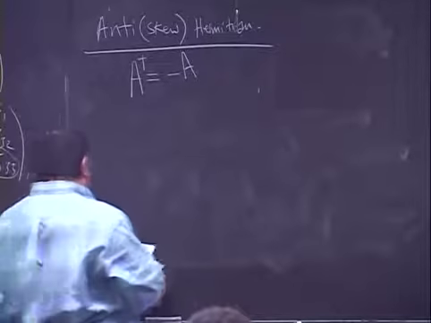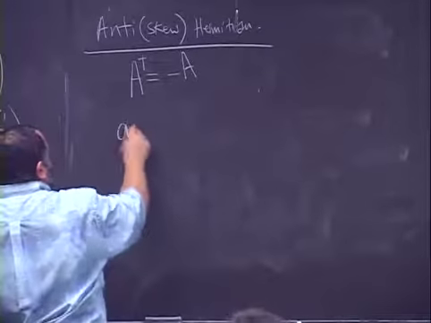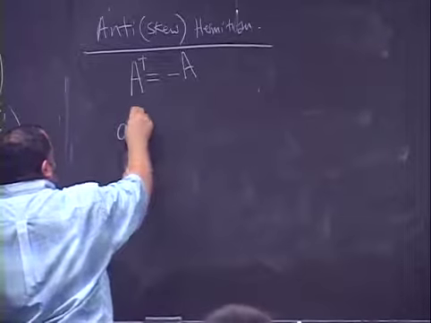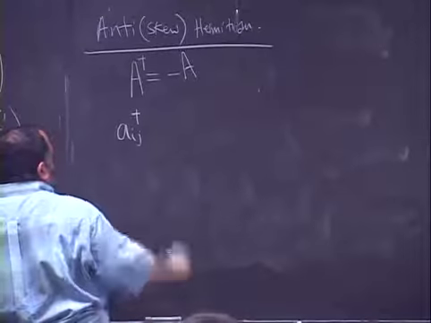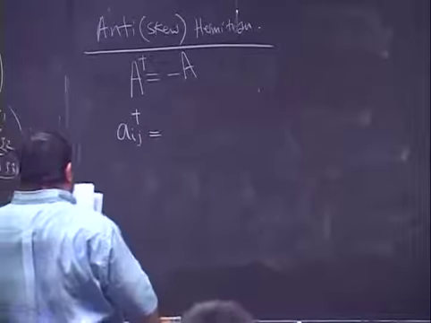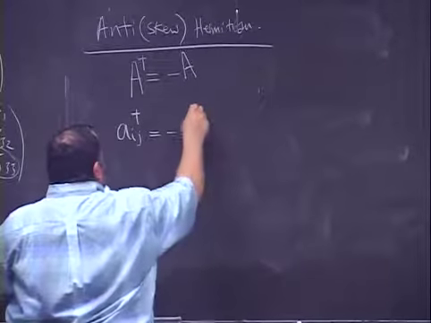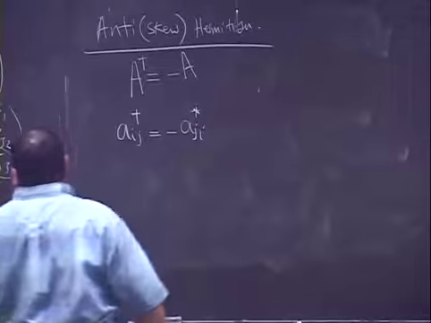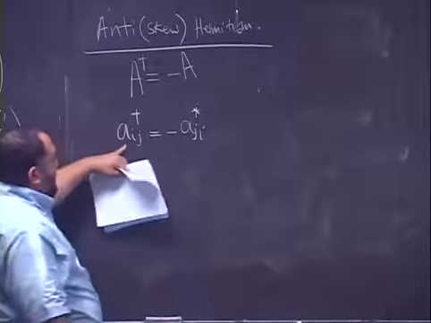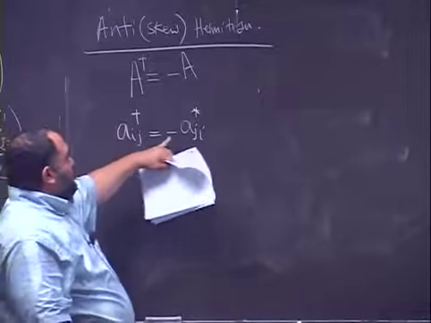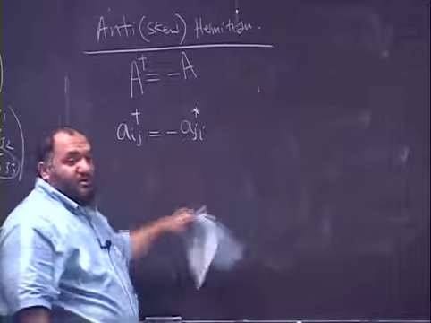For the diagonal, Aij, if you take the dagger or the adjoint, would be equal to what? Negative Aji complex conjugate. A number equal to negative its complex conjugate.